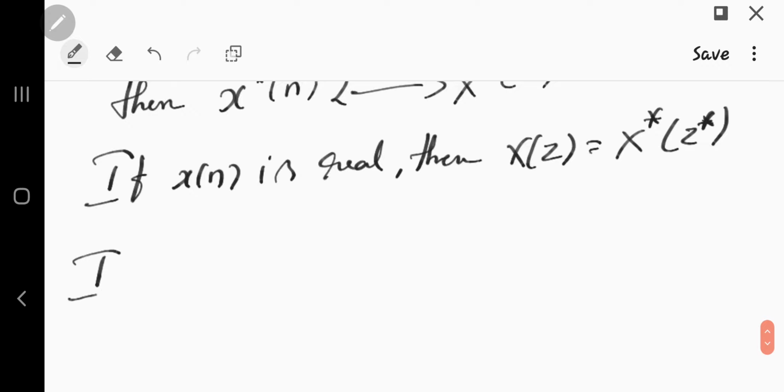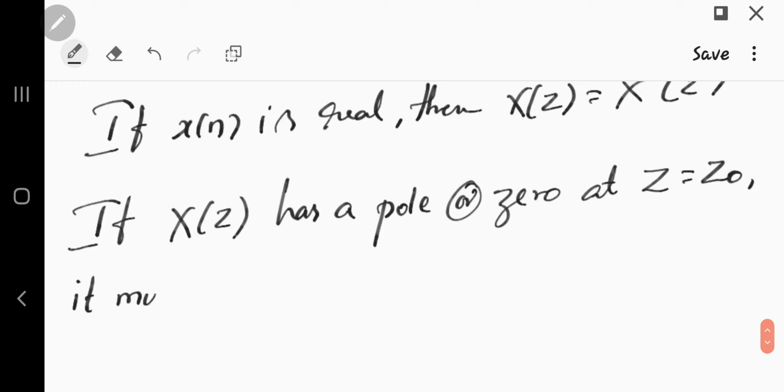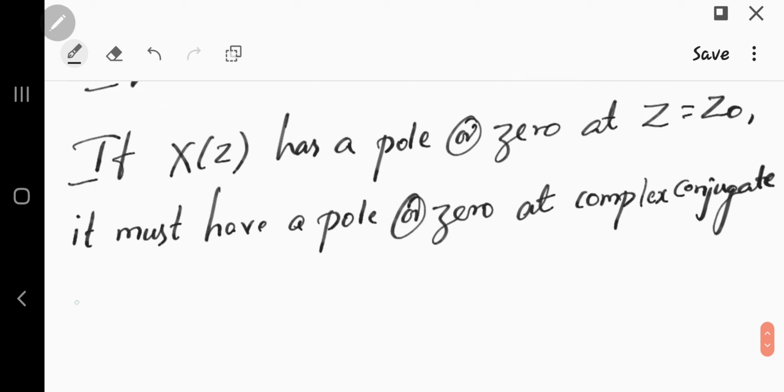So it says if x of z has a pole or 0 at z is equal to z naught, then it must have a pole or 0 at the complex conjugate point.